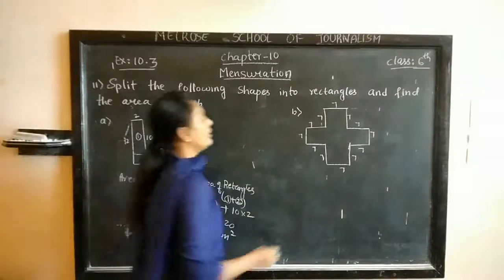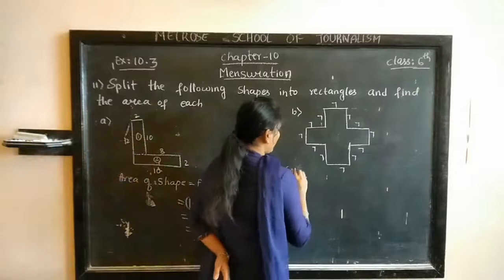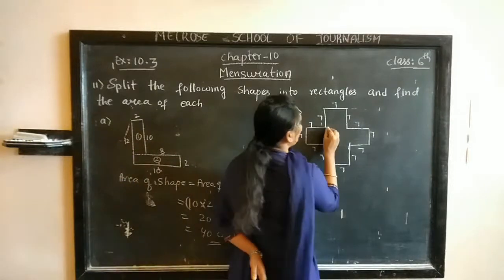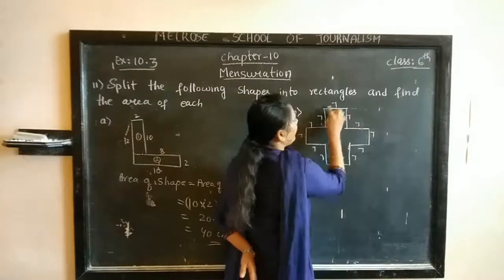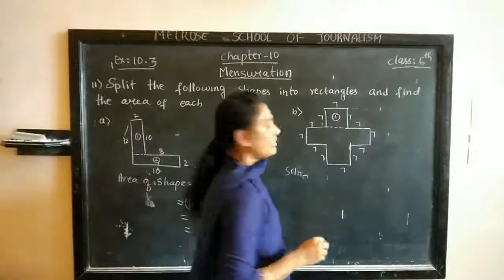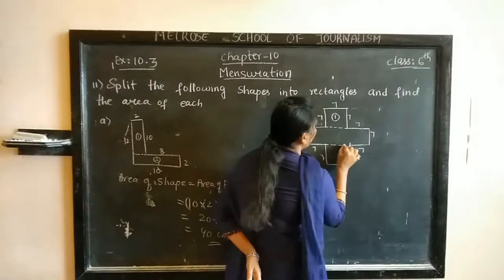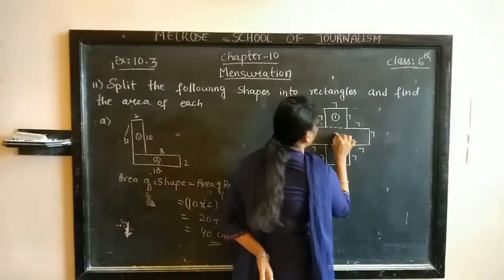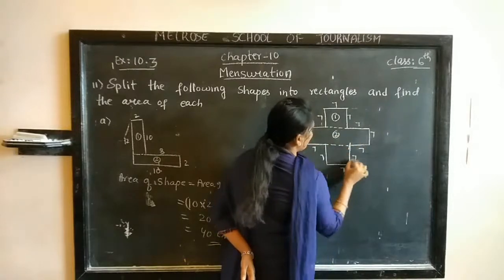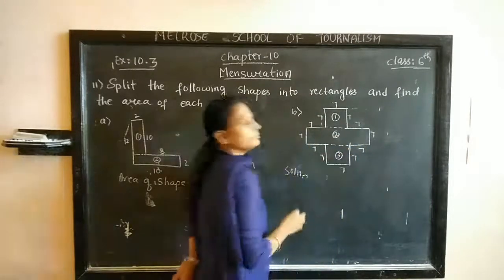Now again this B1 also I am splitting into different rectangles and drawing one line here. So this is one rectangle. Either it can be a rectangle or a square. Okay, now again if I draw one more here, this complete figure is one rectangle. Means two rectangles, and this one is the third rectangle.